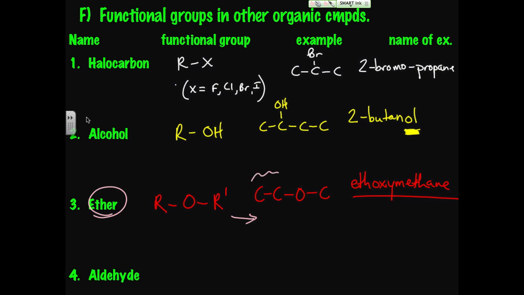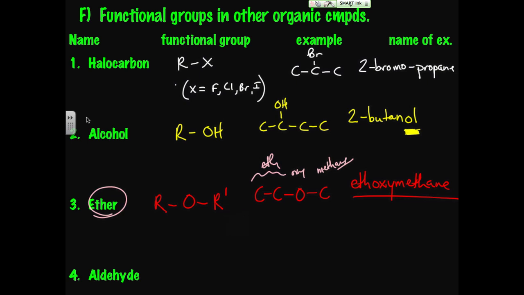So, I found 2 carbons, that's an eth. Then we have the oxy, the oxygen sitting smack dab in the middle. And then whatever the amount in the last one, there's only 1, so that's meth, and it ends ane. So eth-oxymethane. It doesn't matter how they order it. Well, you're always going to read left to right. Right, yeah.